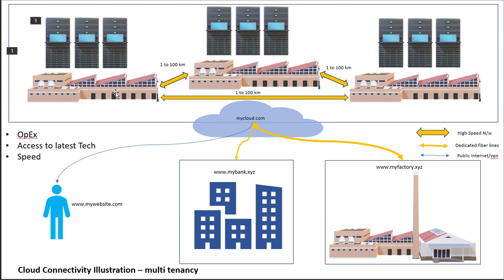They only contain the data centers. They have a large pool of resources, a large pool of CPUs, storage, memory, respective network lines, high speed bandwidth lines, and the latest technologies available for storage and warehousing, etc.